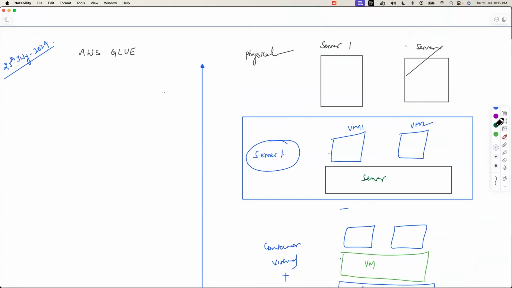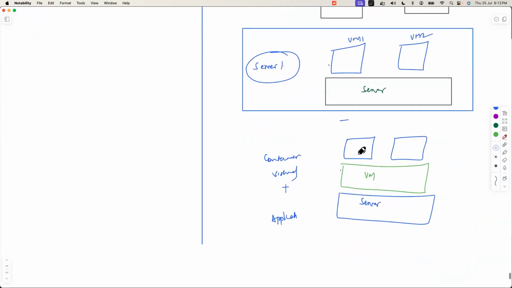If you have a container with two application modules running on top, or you have multiple modules running on the same VM, then something which is completely separate will provide higher isolation, right?